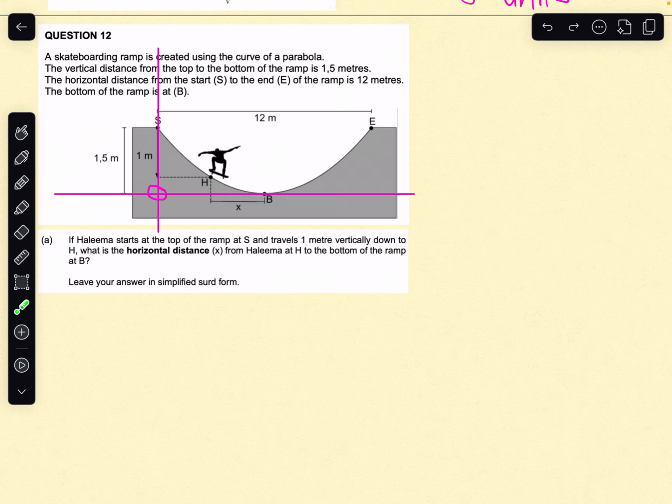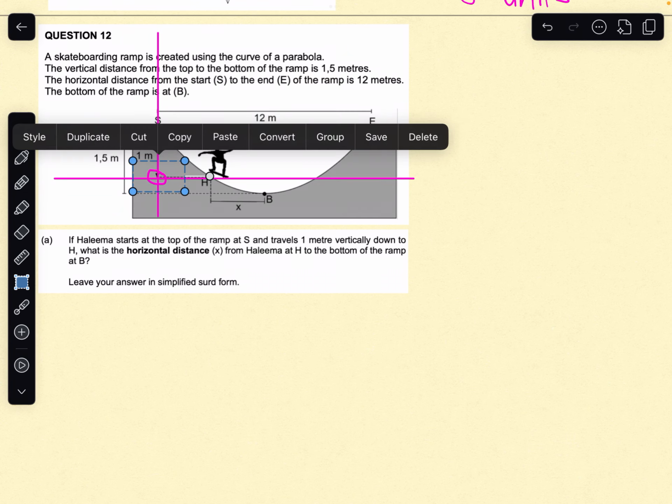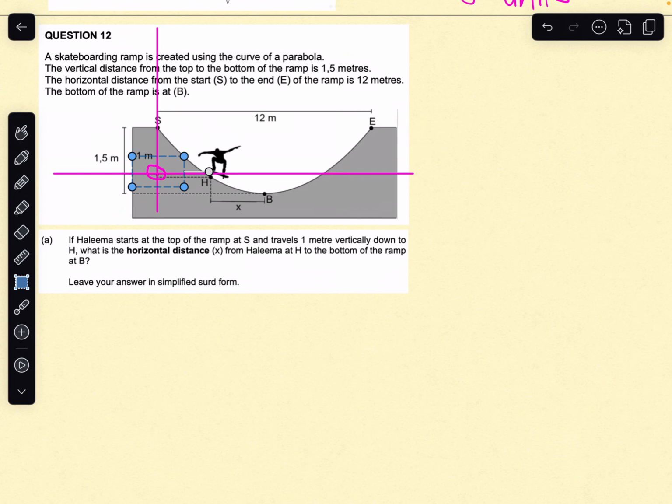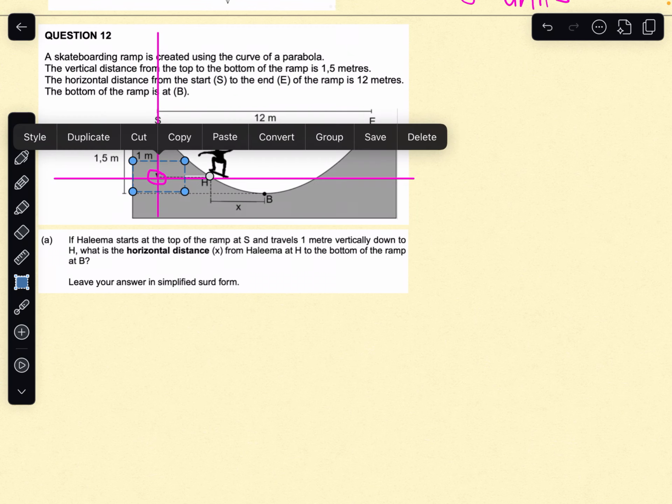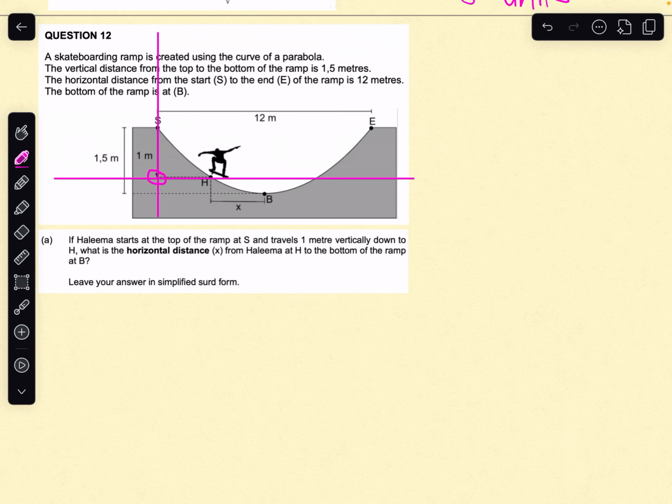So it probably makes more sense to move this here. Then I am able to say the coordinates of S are 0 and 1.